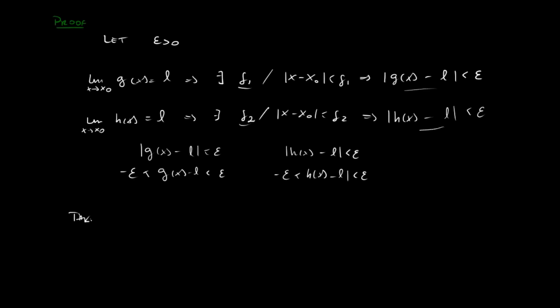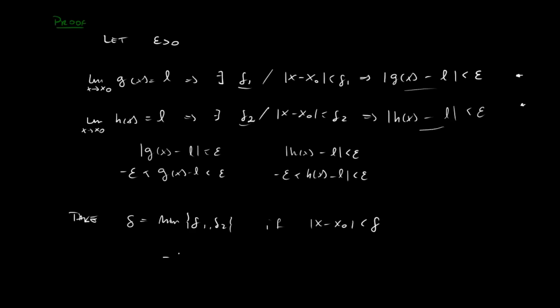So again, we're gonna take a new number delta equal to the minimum between delta 1 and delta 2. So then if |x minus x0| is smaller than this delta, both these things will be satisfied.